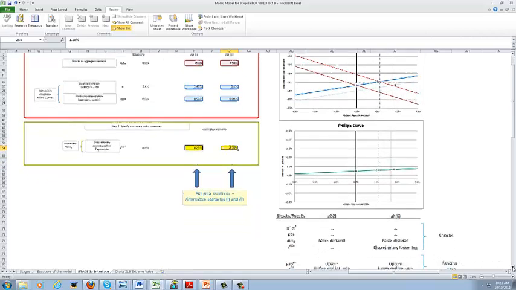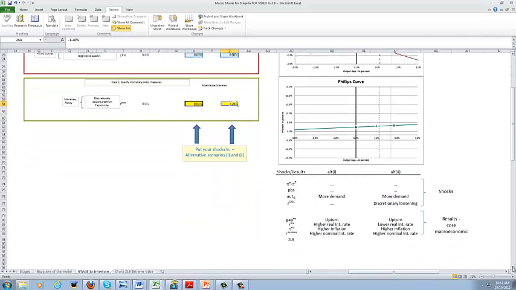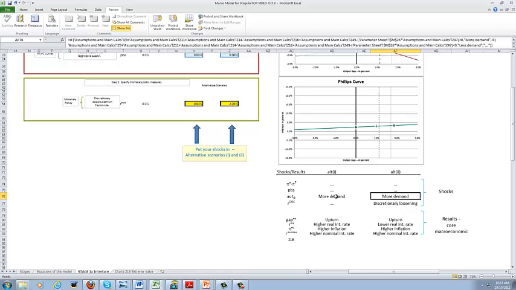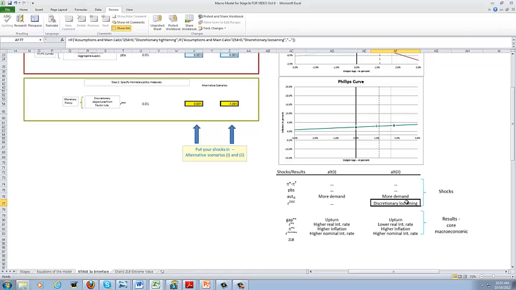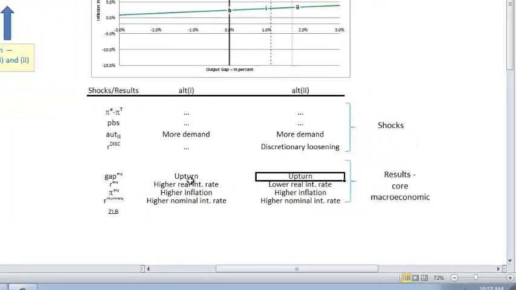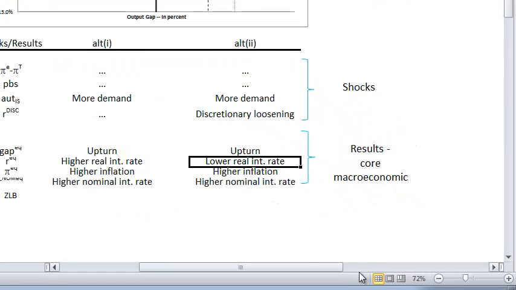And if we go down here to our verbal description, we find that yes, we had more demand, same as in alternative 1. We had a discretionary loosening of monetary policy that did result in an upturn, an even larger upturn than under alternative 1. You'll see that it says lower real interest rate, but we can see that that's really not by much. We didn't exactly get back to the real interest rate under the baseline, but it's about there.